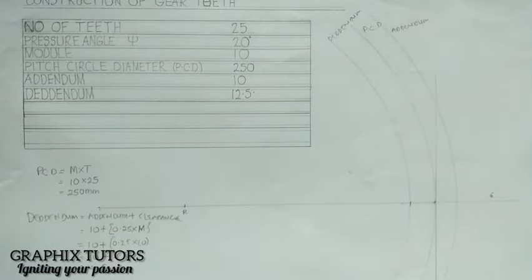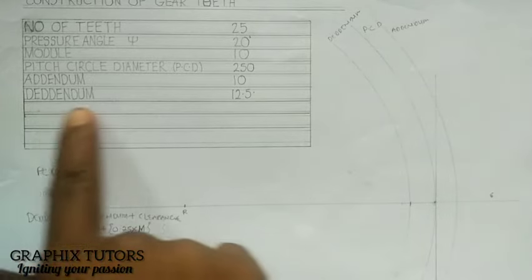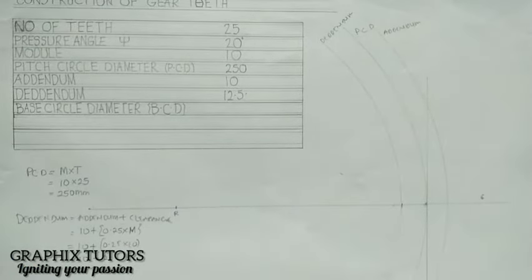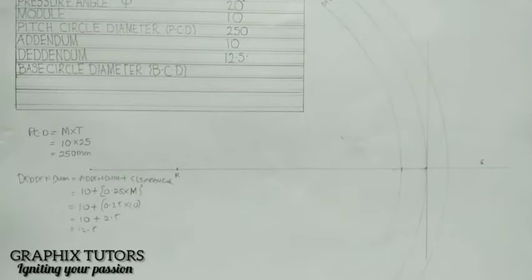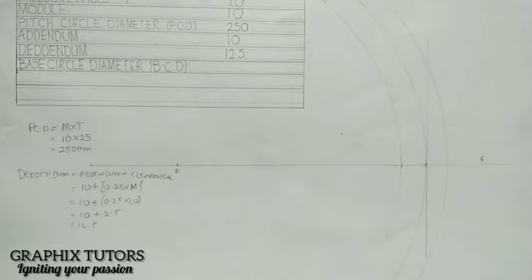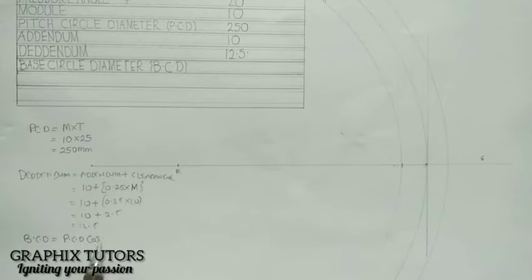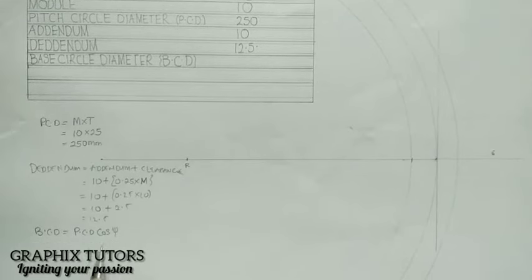Now the next thing I want to draw will be my BCD, which is called the base circle diameter. Now the base circle diameter is the PCD times cos the pressure angle. So my BCD is equal to PCD cos psi, where we use the symbol psi to represent the pressure angle.